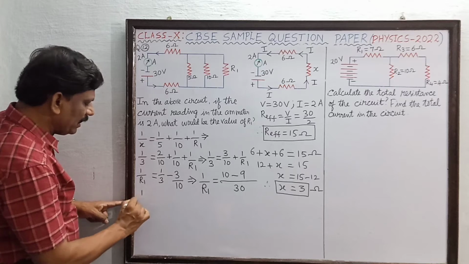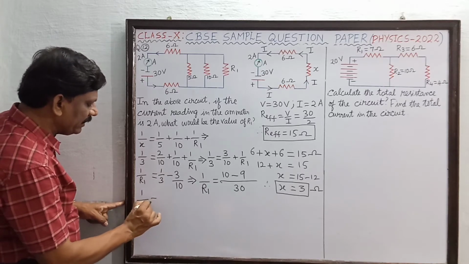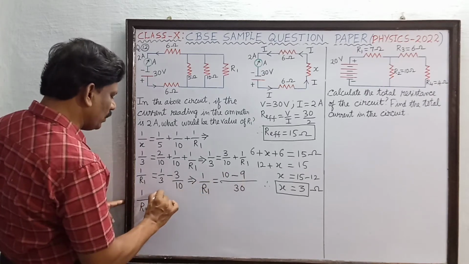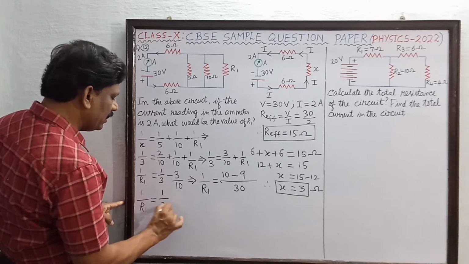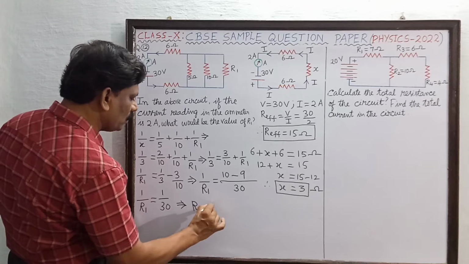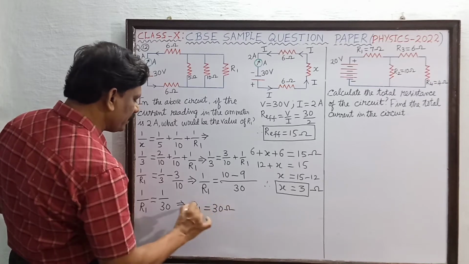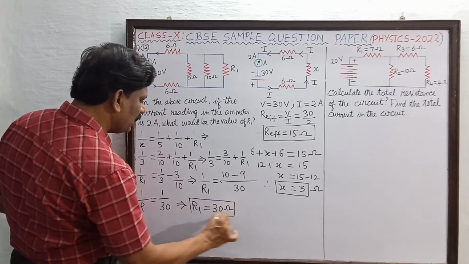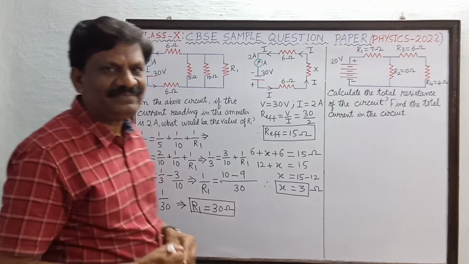So 1 by R1 is equal to 10 minus 9, which is 1, so 1 by 30. So R1 is equal to 30 ohm. Understand? R1 is equal to 30 ohm.